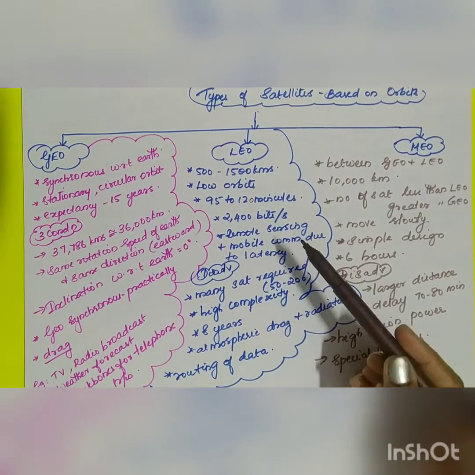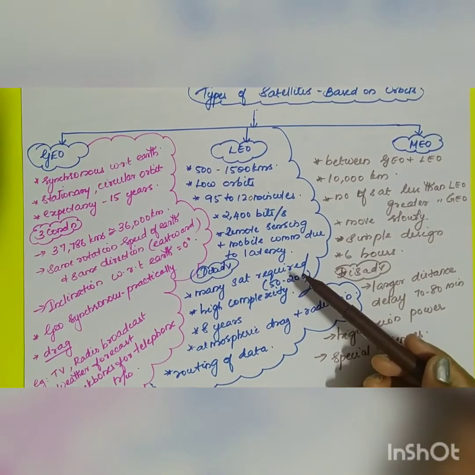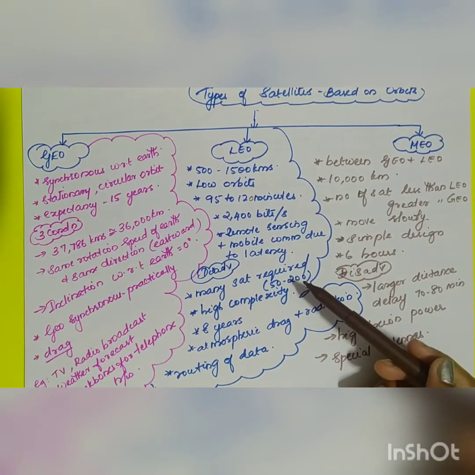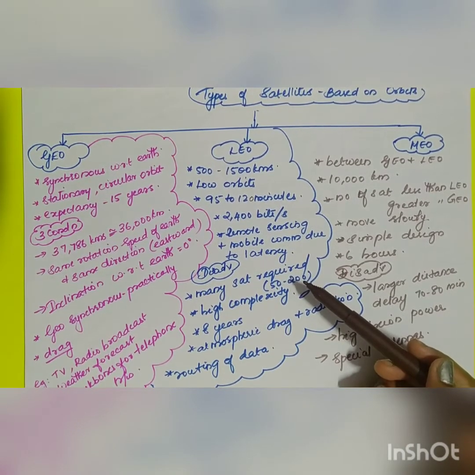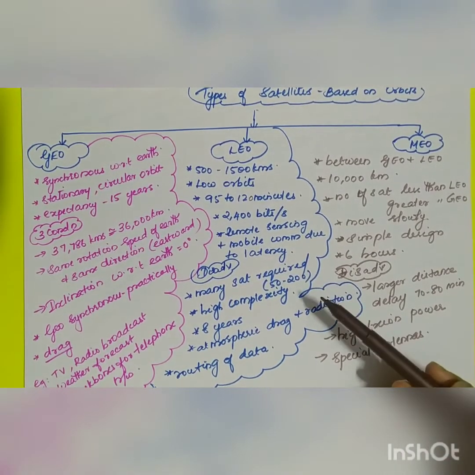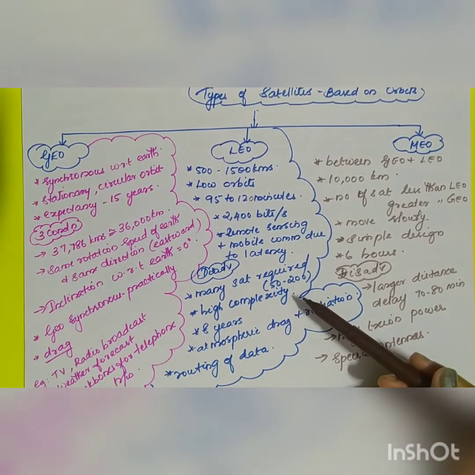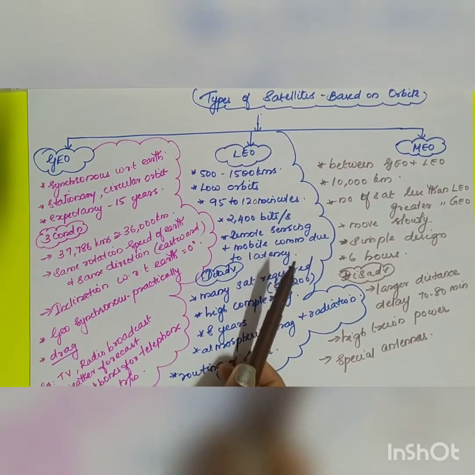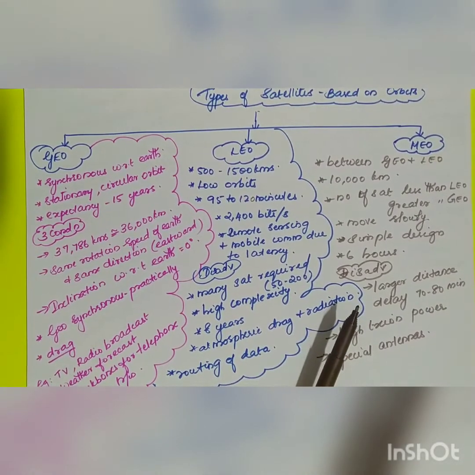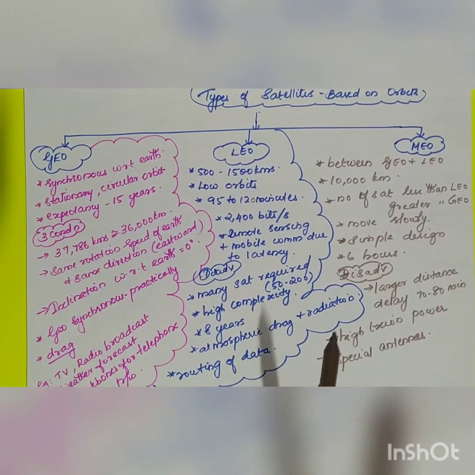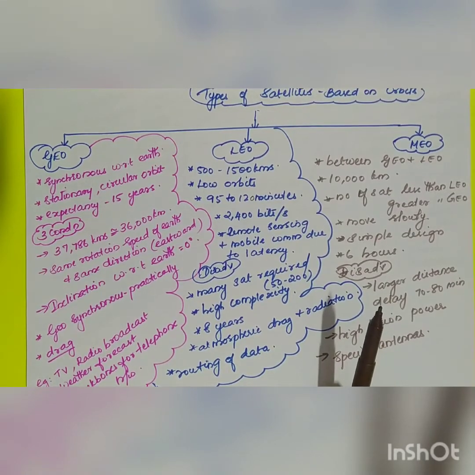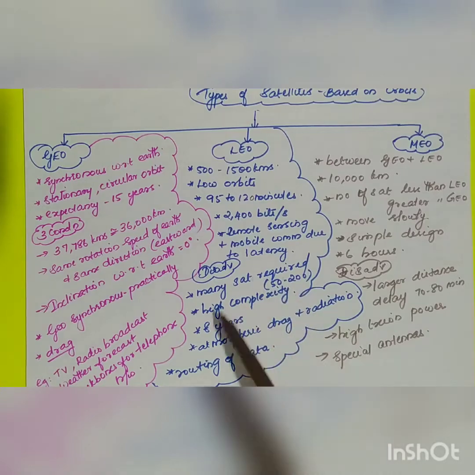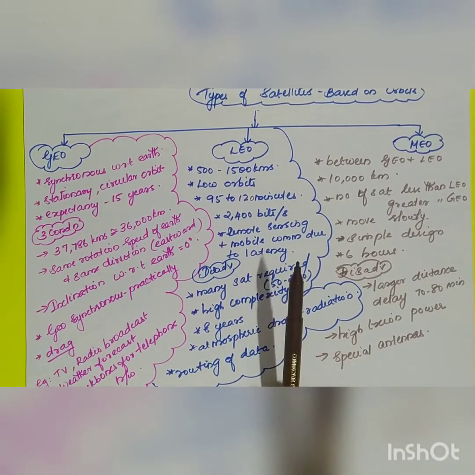Many satellites are required, around 50 to 200, because it is in the low orbit. So a large number of satellites are required, with high complexity. It has a lifespan of only 8 years. It is affected by atmospheric drag and radiation, and routing of the data packets from the satellites is required if the user wants to communicate around the world. These are some of the disadvantages of low Earth orbit.